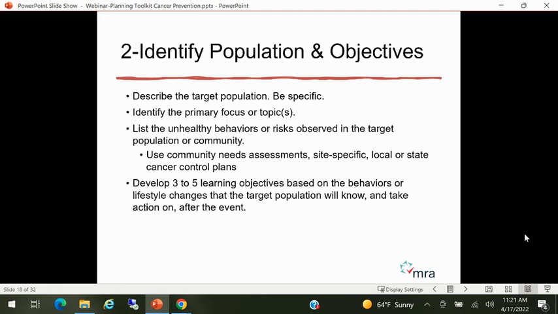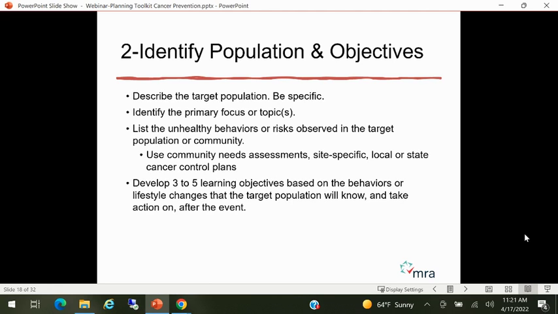Once you know your focus or your topics, identify the unhealthy behaviors or risks that you observe in your target population. So you can use your community needs assessment, site-specific documents, or even your local or state cancer control plans. County may have something, so that you know exactly what your target audience needs. Don't make assumptions here.